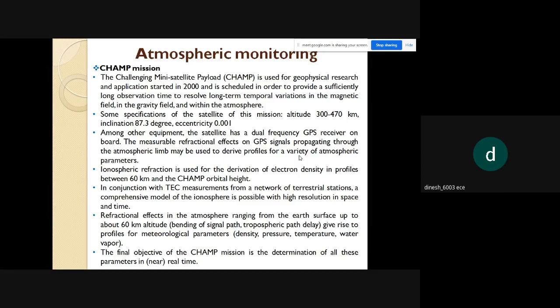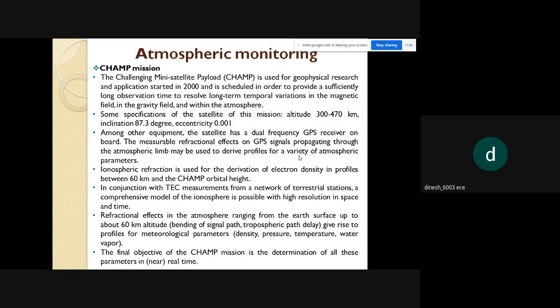In conjunction with TEC measurements from a network of terrestrial stations, a comprehensive model of the ionosphere is possible, with a high resolution in space and time.